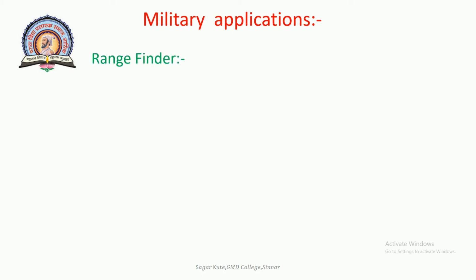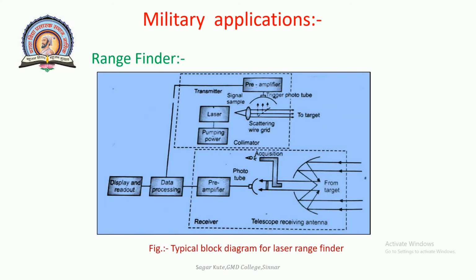In military applications there is the range finder. This will be the typical block diagram for a range finder. Lasers are used for measuring distance, detecting distant objects and collecting information about them, as in radar.